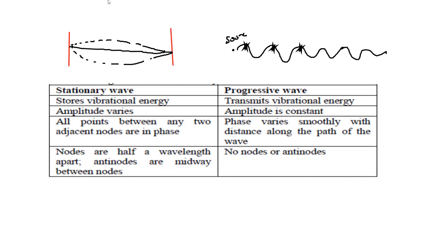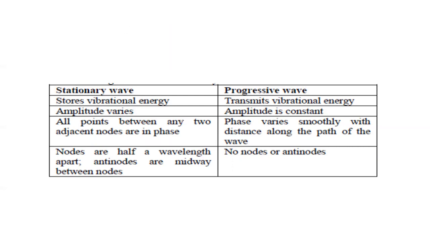The region where the amplitude is minimum is known as a node, and the region where the amplitude is maximum is called an antinode. All the points between any two adjacent nodes are in phase. What is the meaning of this term?